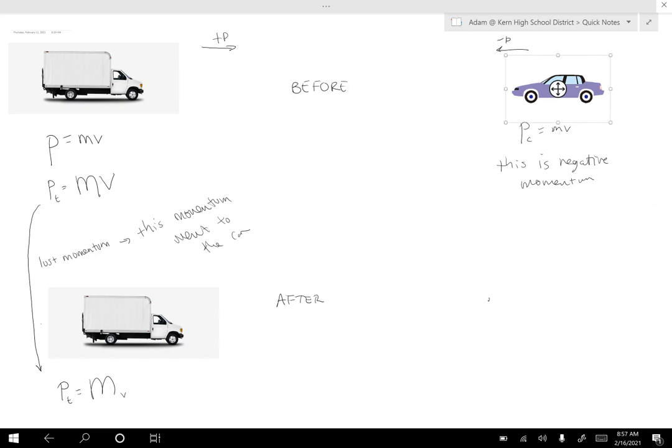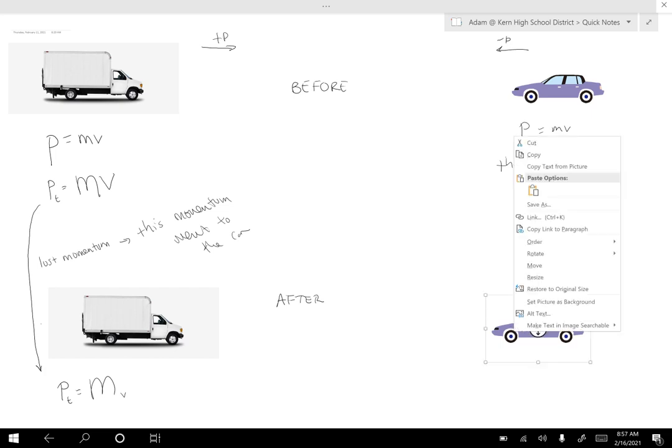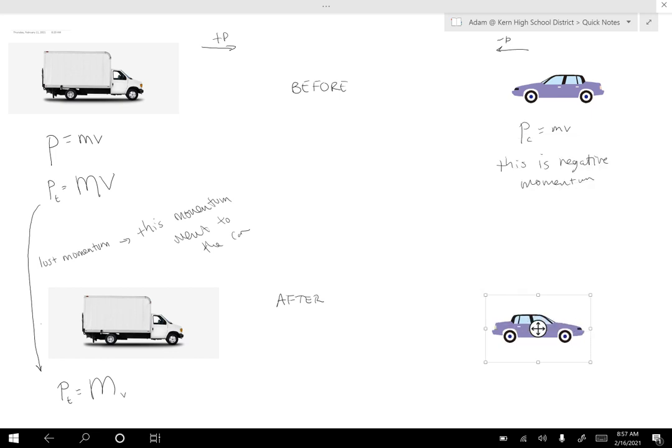But notice that, copy, paste. After the collision, rotate it, flip it. After the collision, the car has that same small mass, but it has velocity, where before it actually had negative velocity.